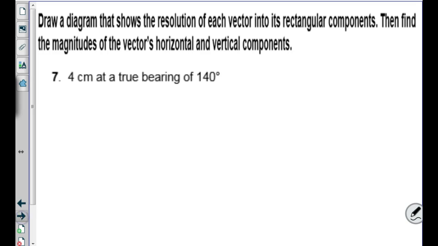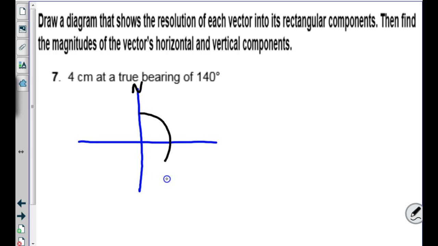All right. What's different about this one? True bearing of 140. Does anybody remember what that meant? Off of north. Which way though? So 140. Where's the angle with the x-axis?